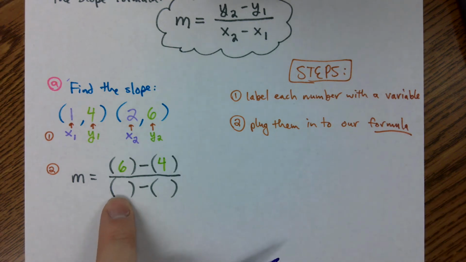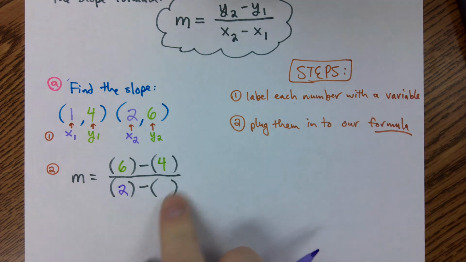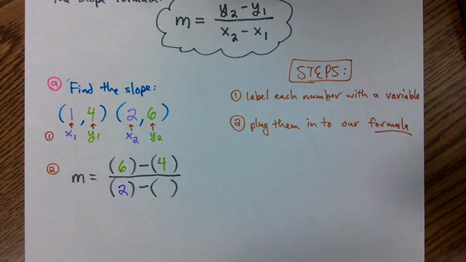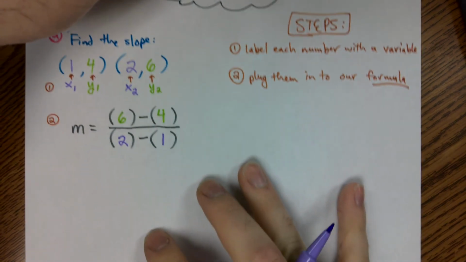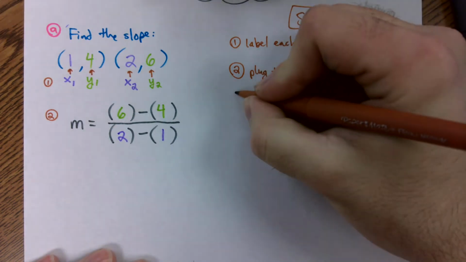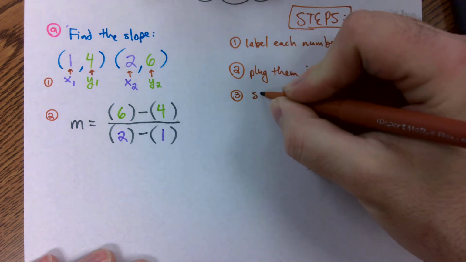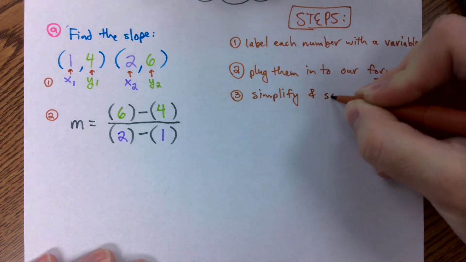What's our x2? Noah? 2. And what's our x1? 1. Nice and convenient. Accidentally did that. So there we go. We've plugged them in. Step 3 is then, of course, to simplify and solve.